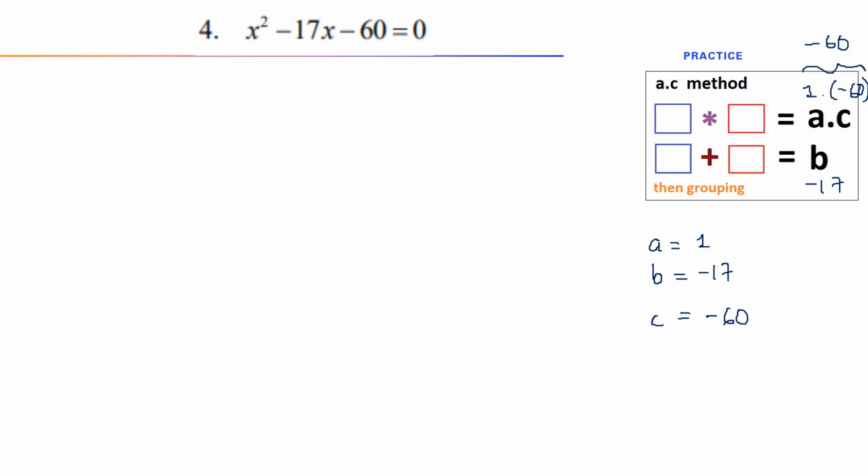So what are the two numbers that multiply to produce negative 60 and sum up to negative 17? We're thinking about 20 and 3, right? To make it negative 60, I take negative 20 times 3. And if I add negative 20 to 3, I will have negative 17. So that matches. So negative 20 and 3.